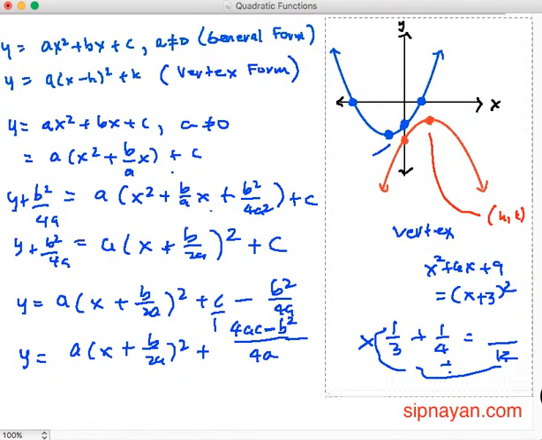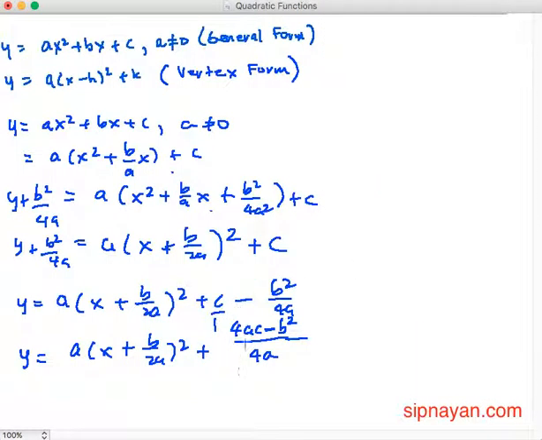So, ano na? After nyan, pwede nating mag-let tayo. Let h be equal to negative b over 2a, and k be equal to 4ac minus b squared over 4a. Okay? Nirepresent lang natin to ng k at nirepresent natin yung opposite na sign nito, additive inverse, naging minus.